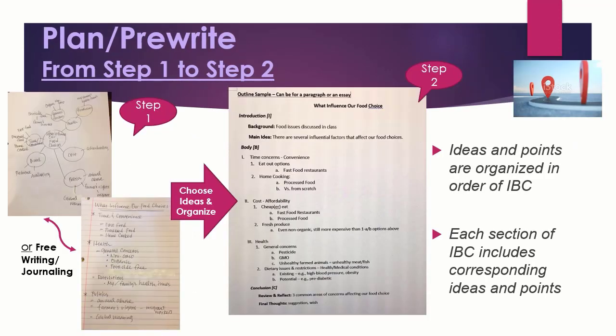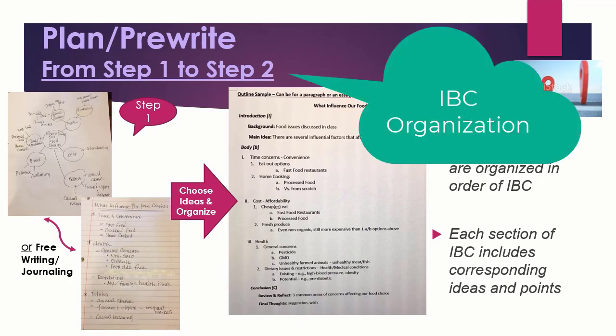So how do we transfer from brainstorm to outline? Also, what is a logical way to sequence our brainstormed ideas for an outline? For an academic writing, we follow the IBC, introduction, body, and conclusion organization when outlining our ideas. And here's how.